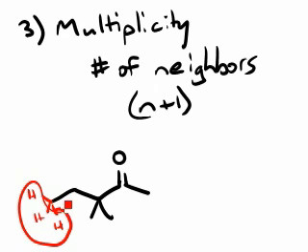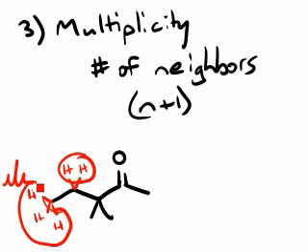This signal is going to have an integration of 3 because it comes from 3 hydrogen atoms. But how many neighbors does it have? It has 2 neighbors. So this signal is going to be split by these 2 neighbors into n+1, the number of neighbors plus 1. 2 plus 1 is 3. So this signal here is going to be a triplet.